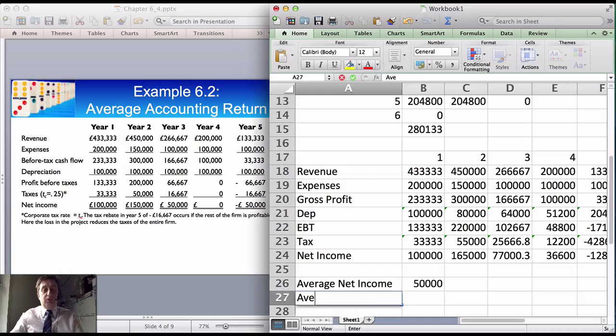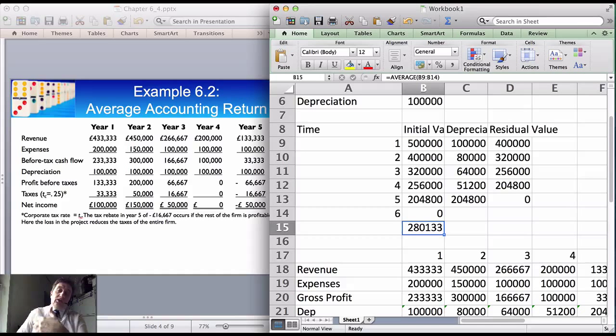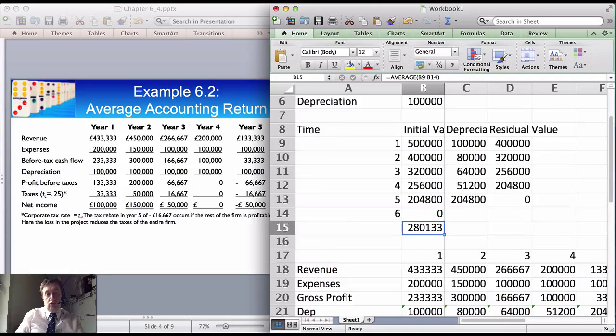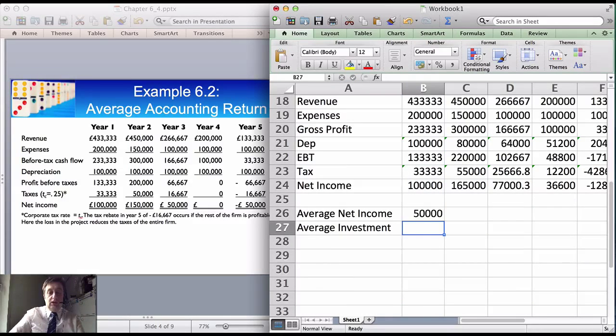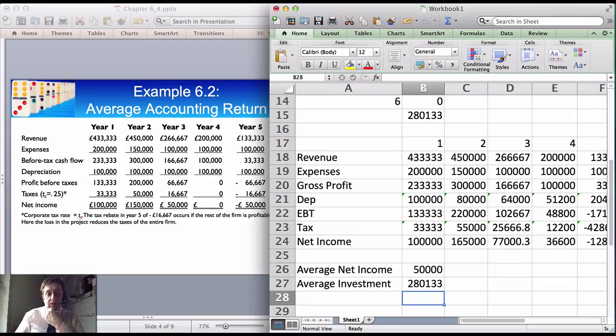What is the average book value or the average investment? Well, the average investment is the average of this, and because the spreadsheet dynamically updates the figures, these are the new figures. Our average of the book values is 280,183, and I'm just going to use a formula to make everything dynamic.